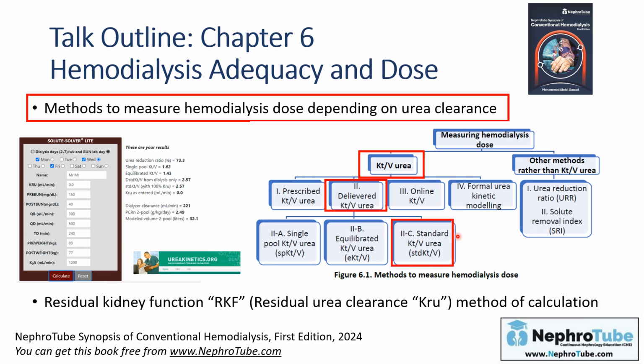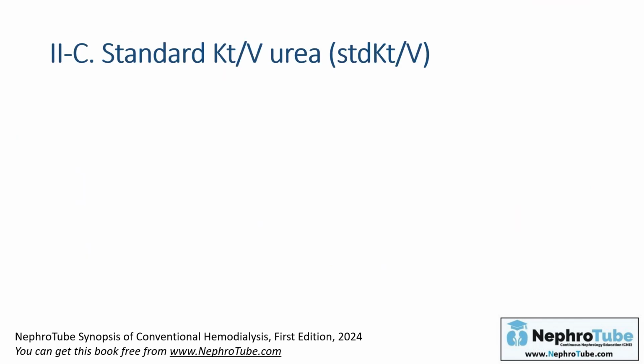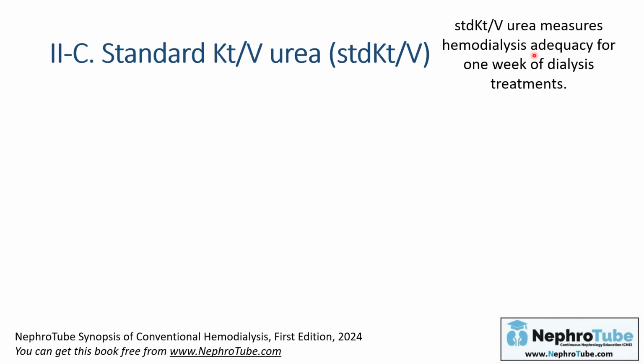We will go now to the third method to calculate delivered KT/V, which is standard KT/V urea. In the single pool KT/V and equilibrated KT/V, we measured the hemodialysis dose for one hemodialysis session. But in standard KT/V urea, we measure the hemodialysis dose for one week of dialysis treatments, whatever the number of dialysis treatments the patient had.